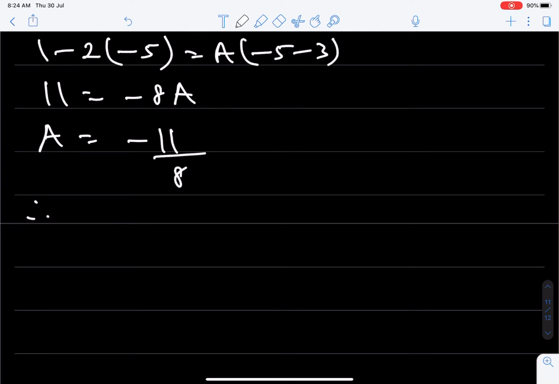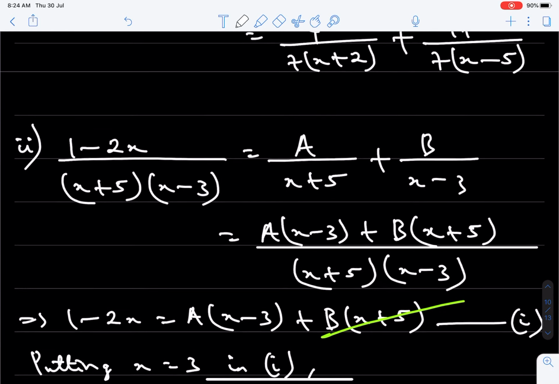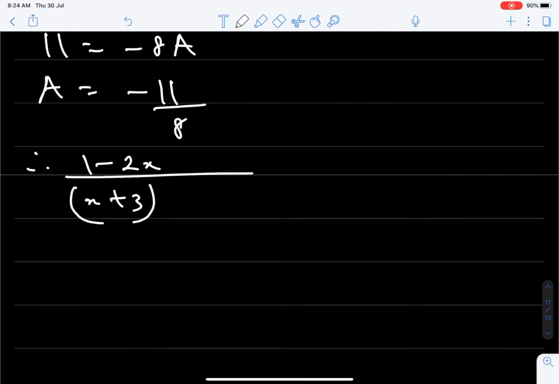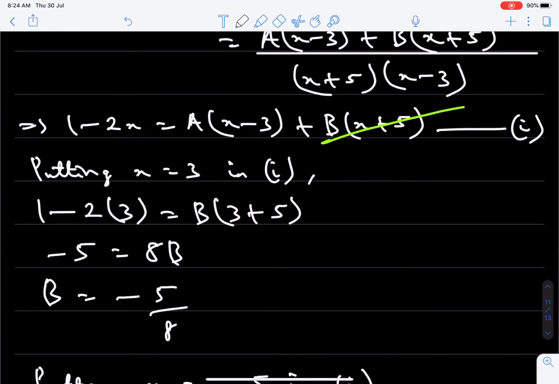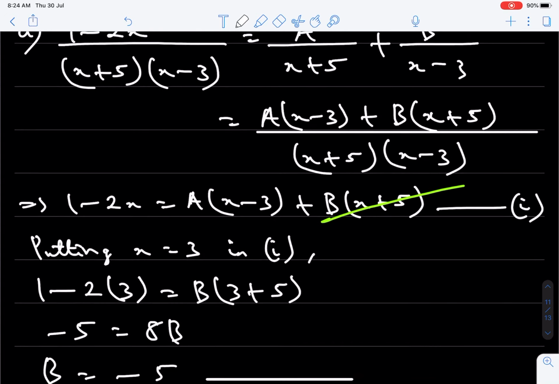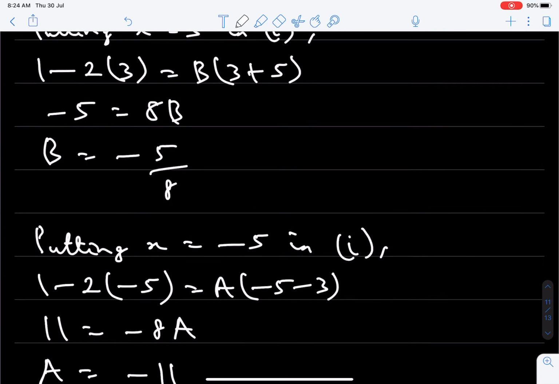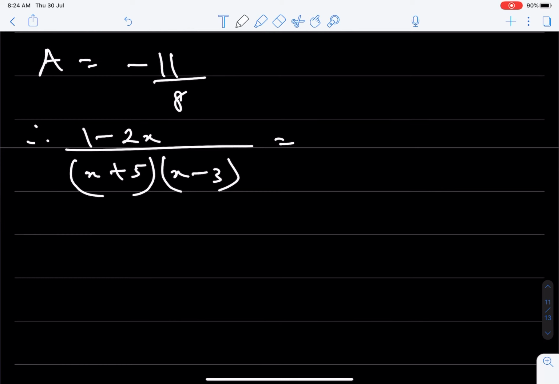So that simply means 1 minus 2x all over x plus 5 times x minus 3 equals a, which is minus 11 over 8.